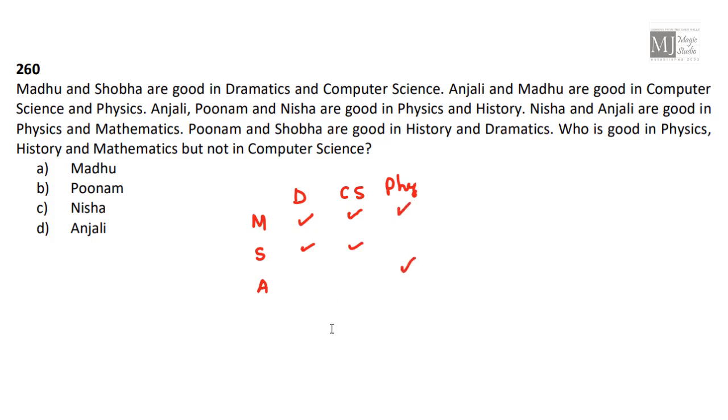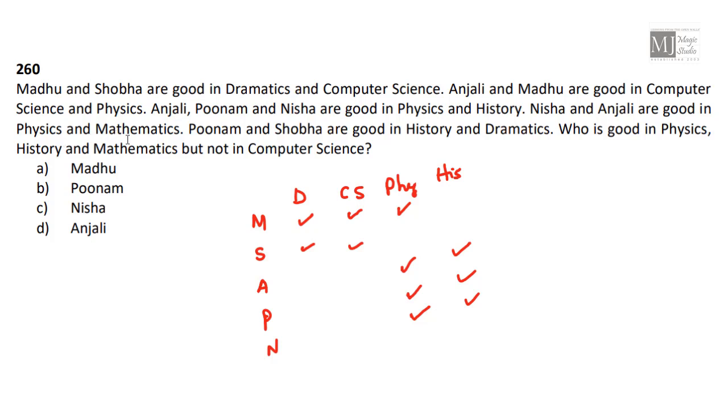So Madhu is also good in physics, Anjali is good in physics. Anjali, Poonam and Nisha are good in physics and history. Anjali, Poonam, Nisha, good in history also.